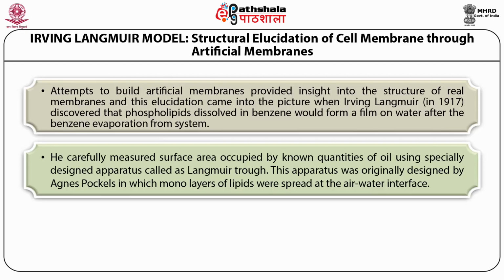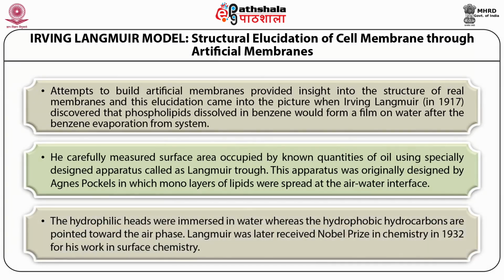This apparatus was originally designed by Agnes Pockels, in which monolayers of lipids were spread at the water-air interface. The hydrophilic heads were immersed in water, whereas the hydrophobic hydrocarbons pointed out towards the air phase. Langmuir later received the Nobel Prize in Chemistry in 1932 for his work in surface chemistry.